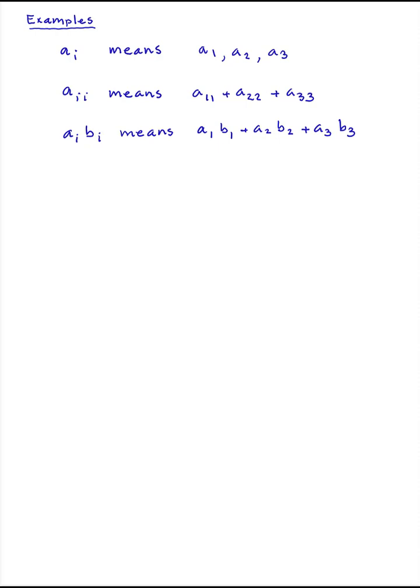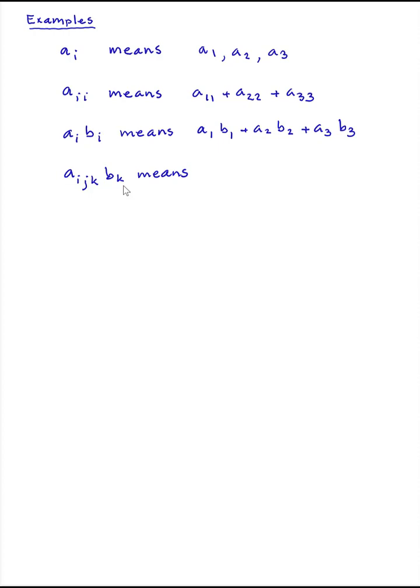If we have an expression like this, aijk bk, what does this mean? Well, here we have 3 indices on a and 1 on b. We can see that i and j are free indices, they occur once. k is occurring twice, so it's a summation index.